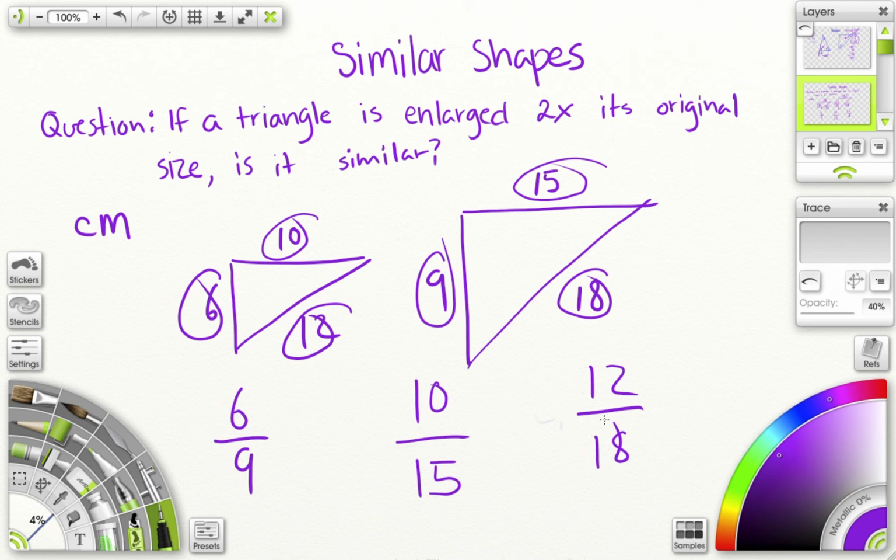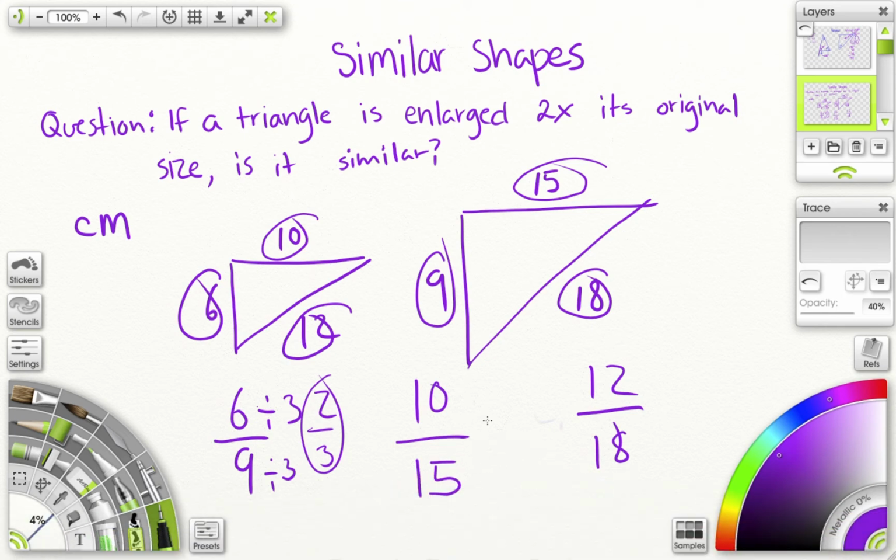I need to find the simplest form. Both 6 and 9 can't go into 2, but I know that both can divide by 3. 6 divided by 3 equals 2. 9 divided by 3 equals 3, so that's 2/3. 10 and 15, I can't divide both by 2.